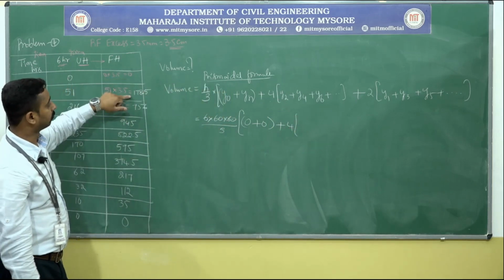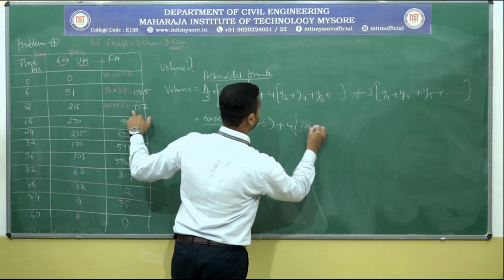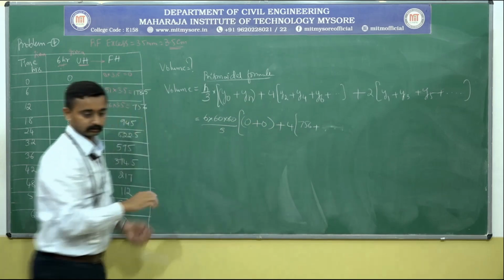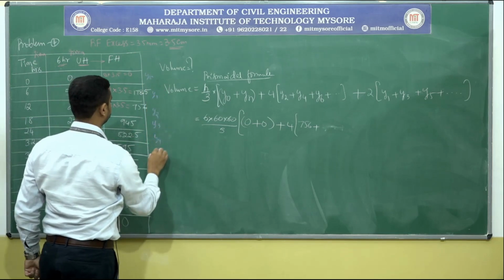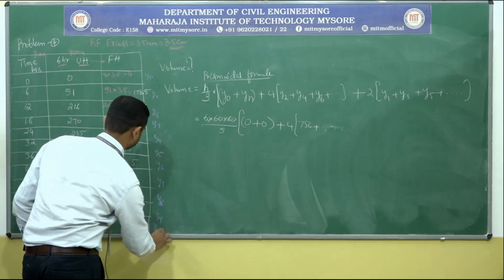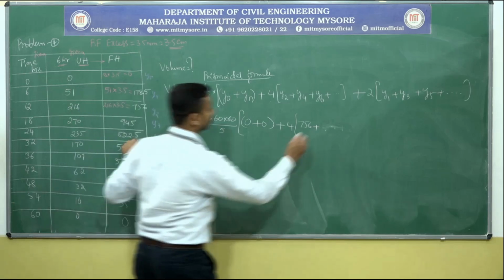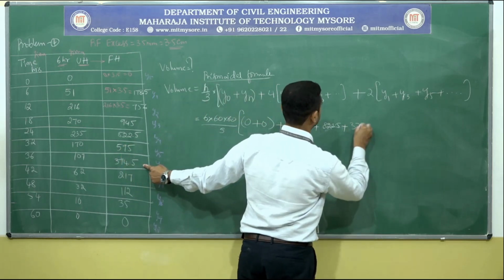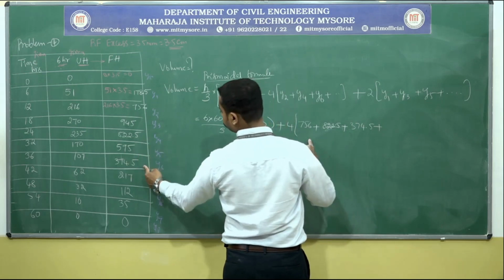This is y0, y1, y2, y3 like that, up to y10. So y2 is 756 plus 822.5 plus 374.5 plus 112, and so on.